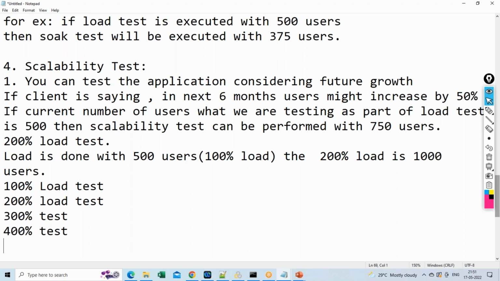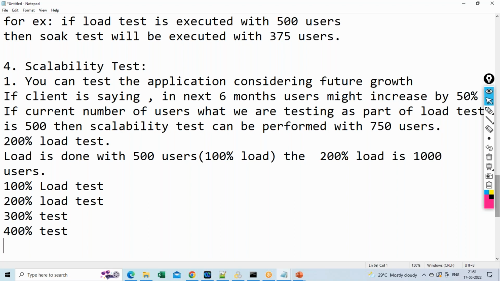And again at some point of time, there is a complete no. That means the application or the helper is not responding at all. The application said no, it's done. I cannot respond. The max the helper could do is 9 tables. So here also in performance testing, sometimes the client will ask you to test how many users max the application can support.